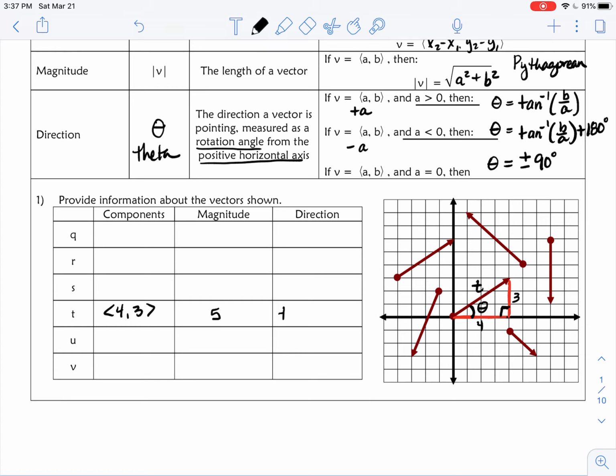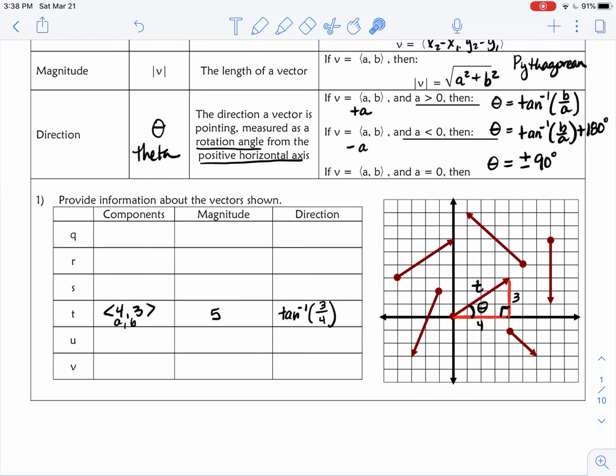So I'm going to set up my equation, tangent inverse, the b value, remember this is just alphabetical order, (a, b), so it's going to be the b value divided by the a value. My a is positive, so all I have to do is inverse tangent of b divided by a.